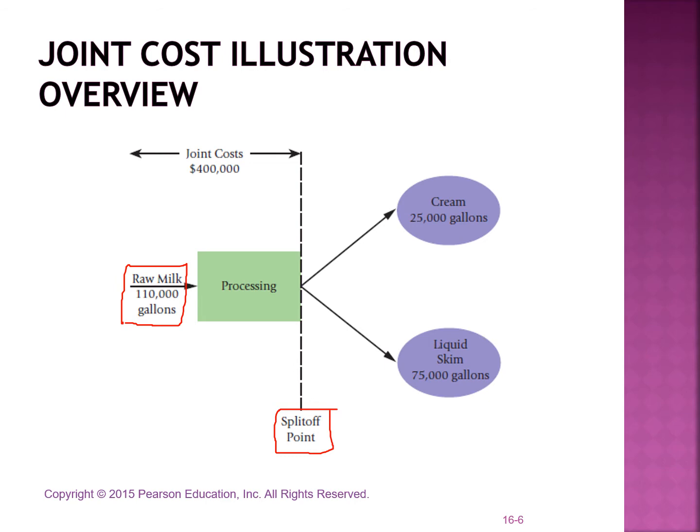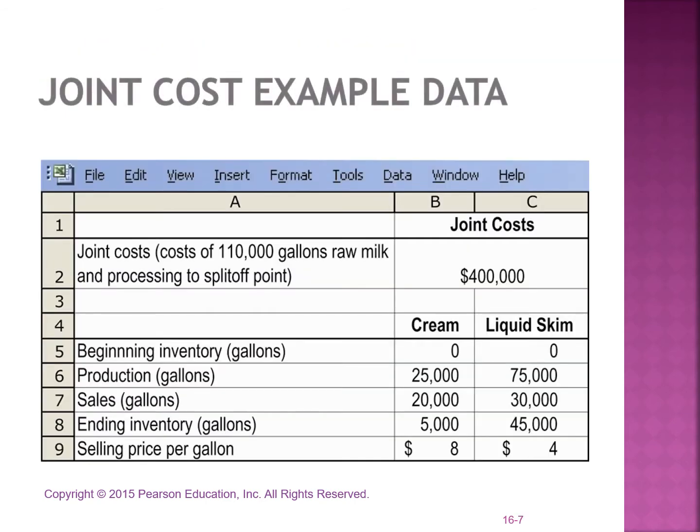The creme has 25,000 gallons and the liquid skim has 75,000 gallons. Our main concern here is what we shall do with this joint cost. How are we going to allocate it over the creme and the liquid skim?